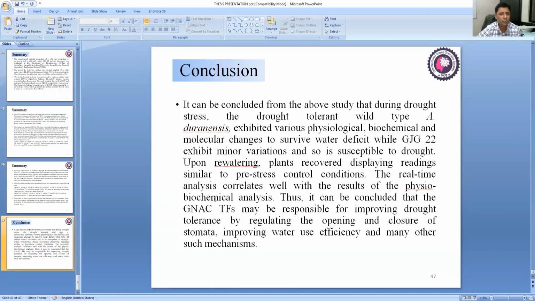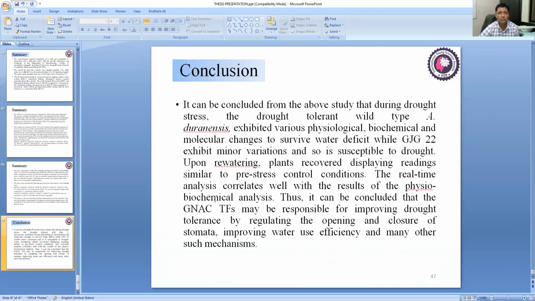It can be concluded from the above studies that during drought stress, the drought-tolerant wild types exhibited various physiological, biochemical, and molecular changes to survive water deficiency, while GJG22 exhibited minor variations and so is susceptible to drought conditions.